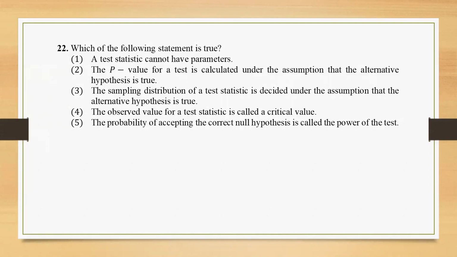Because if you consider a test statistic as an example, consider the test statistic like this: x bar minus mu naught divided by sigma over square root of n.